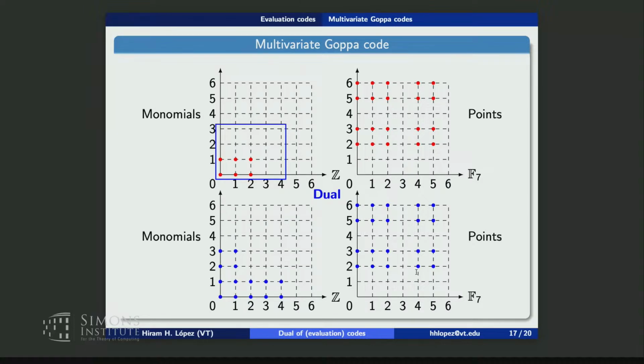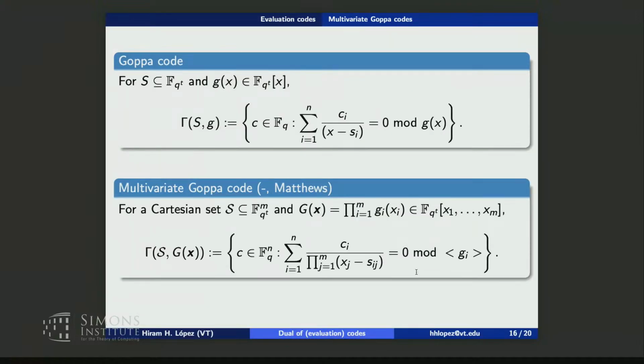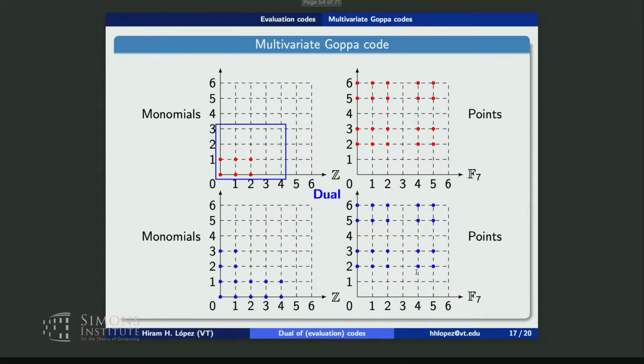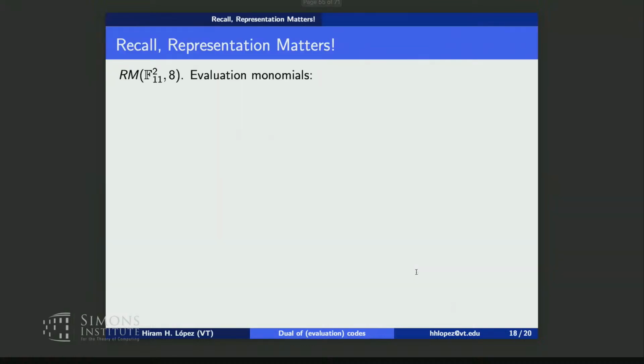That guy is going to be the dual. The subfield subcode of this object, that is what is known as multivariate Goppa code. And it has a better, I don't know if it is a better representation, it depends on what you want. I think that this representation is good if you want to decode. But of course, here you can also find certain parameters of the code, thanks to this representation. Okay? And what I want you to remember is that representation matters.